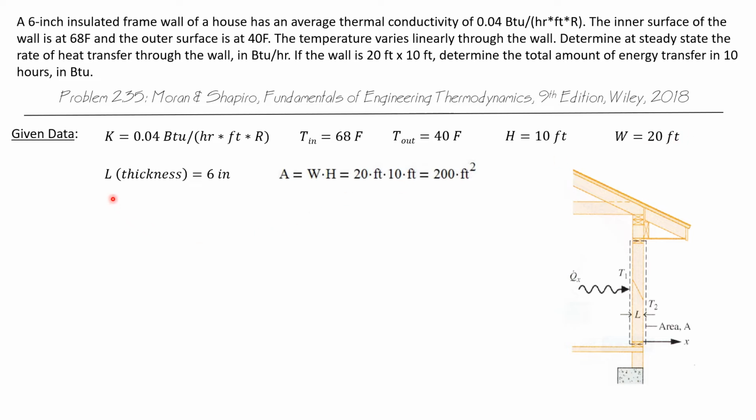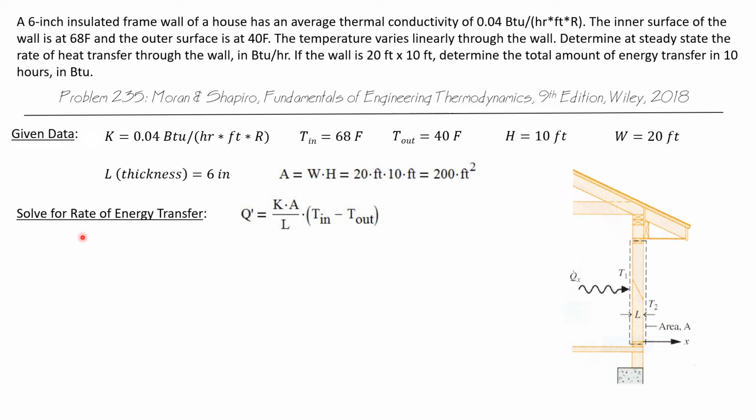The length of the thickness of the wall, which is the direction that the heat transfer takes place, is 6 inches. And the area of the wall is the width times the height, or 20 feet times 10 feet, and that's equal to 200 square feet.